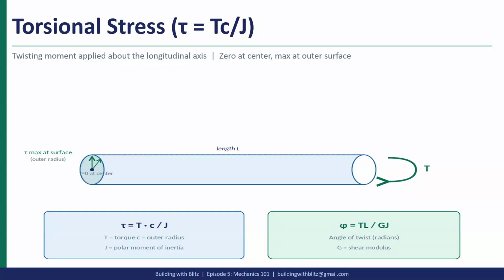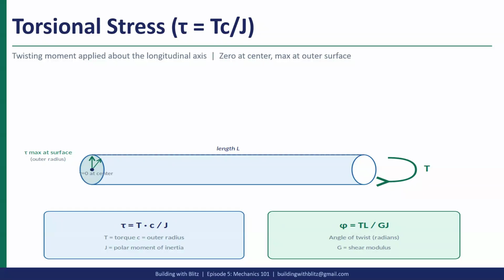So for torque, we're looking at the outer radius here, similar to bending, where we look at the maximum length from the neutral axis. We're looking at the outer radius or outer length of that member, and then dividing it by the polar moment of inertia.